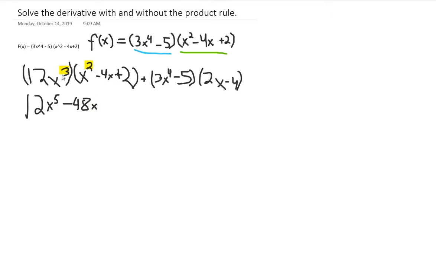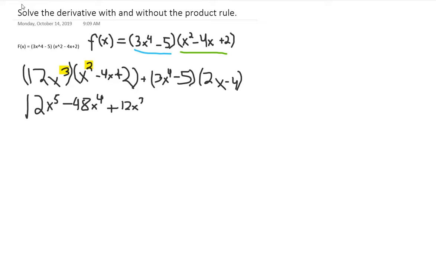And then you just add again, 3 plus 1. Okay, well, that's a 4. And then 12x cubed times 2, 24x cubed. Okay, so we're done with this part.